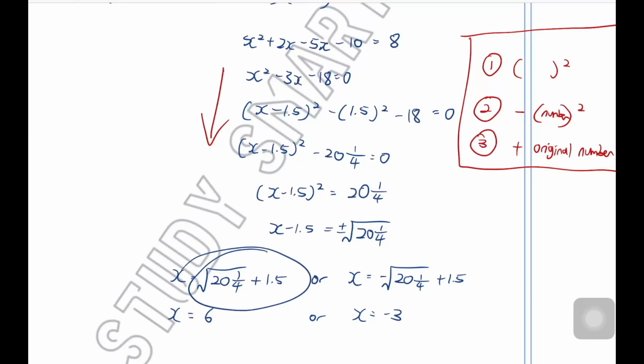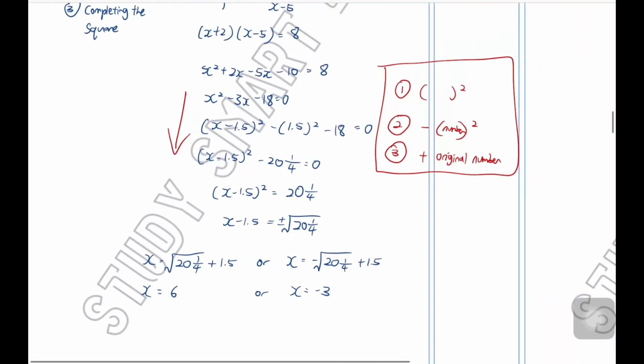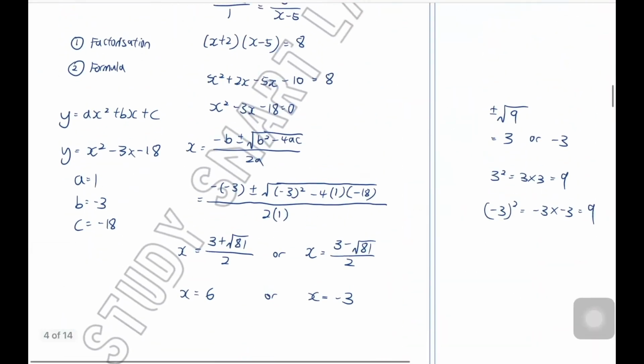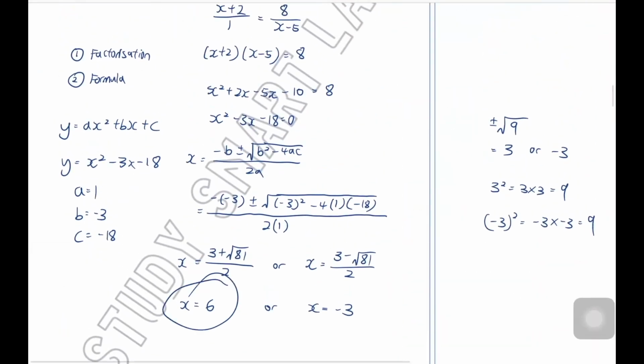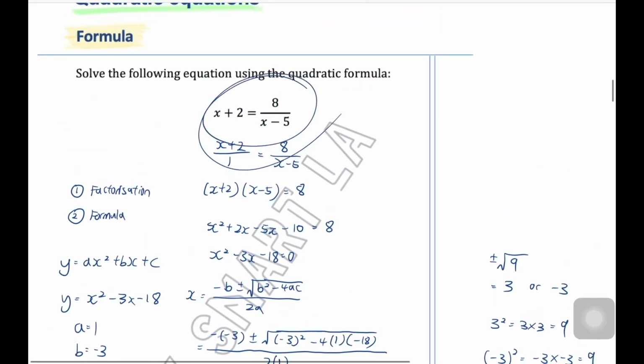So with that, I will end up having x equals this, or x equals this, and I just put this into my calculator. I'll get x to be 6, and put this into my calculator, I'll be able to get x equals negative 3. And this is consistent with the answers that I get when I solve using other methods. When I use the formula, I get x equals 6, x equals negative 3, because I'm solving the exact same quadratic equation.